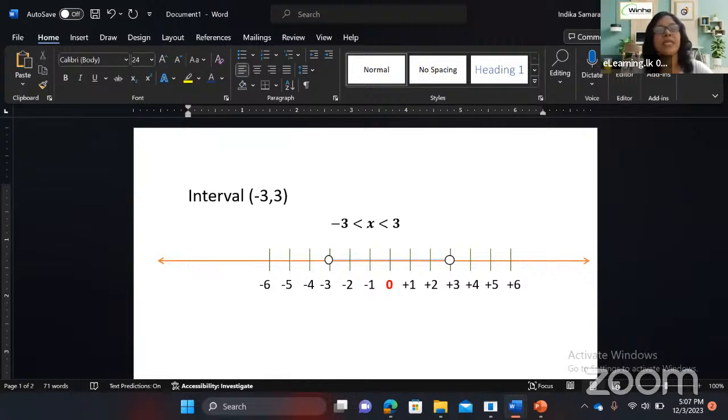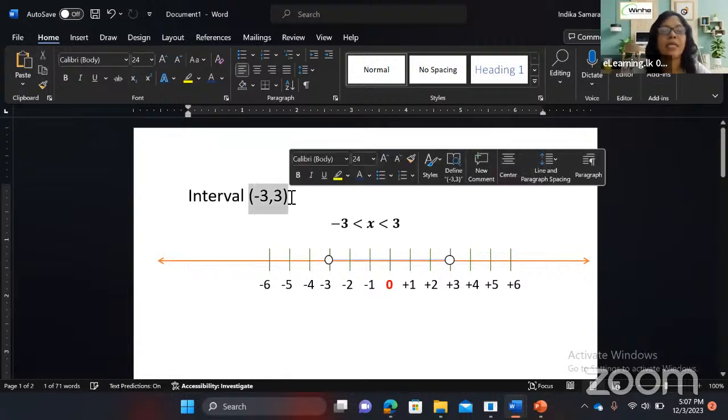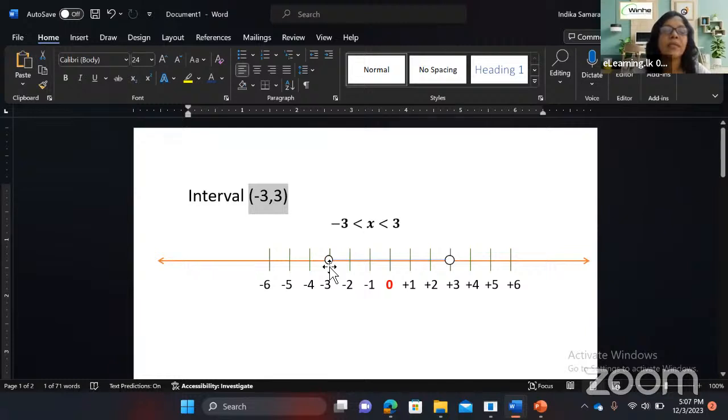When the interval is given as (-3, 3) within normal brackets, that means it is an open interval, right?